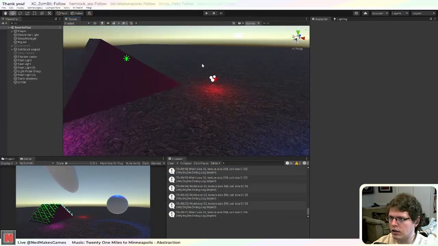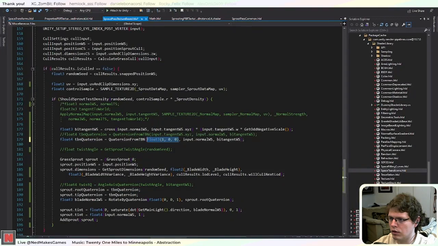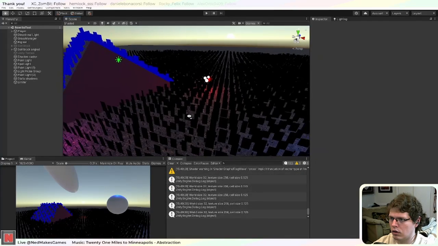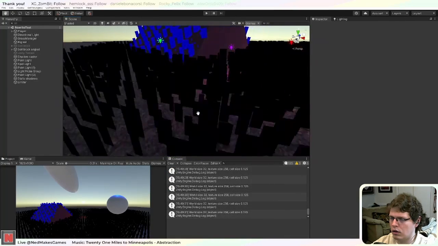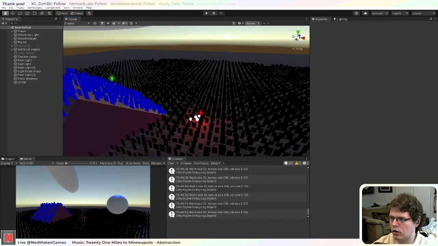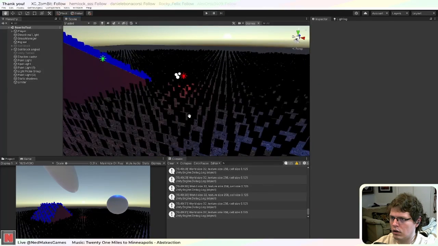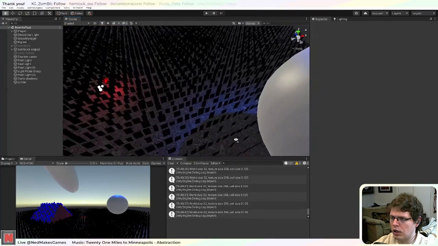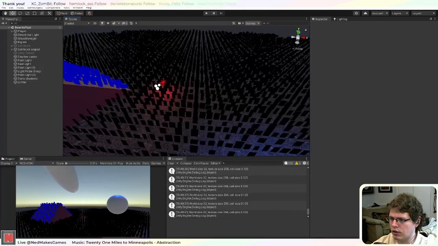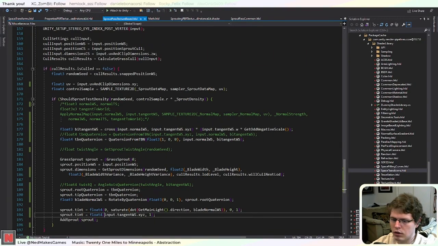Okay, so something about the tangent vector is being weird, I guess. I would think the tangent vector pointed in the x direction, so it should be red.